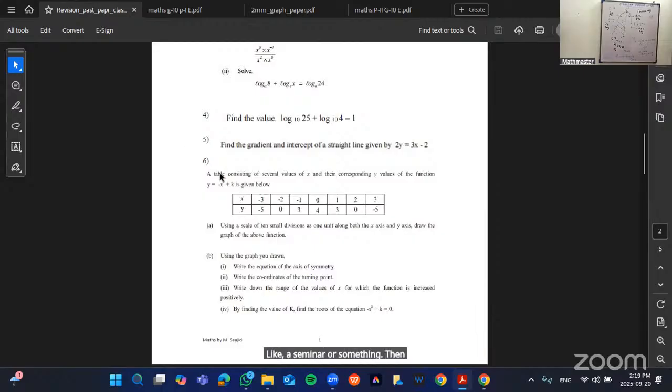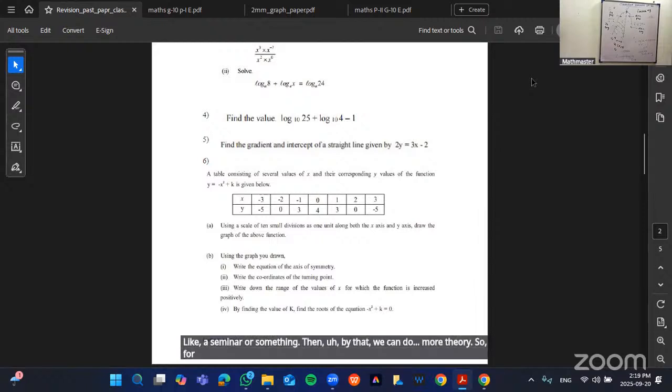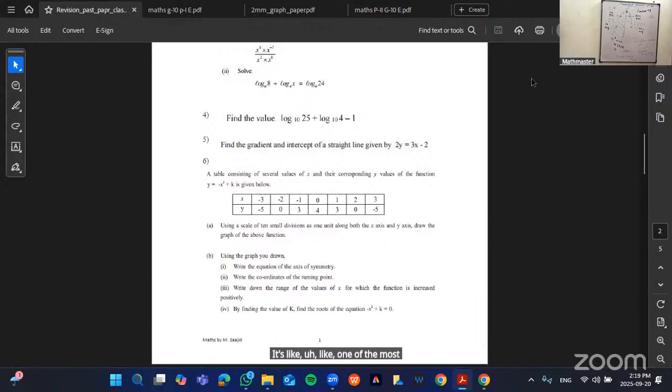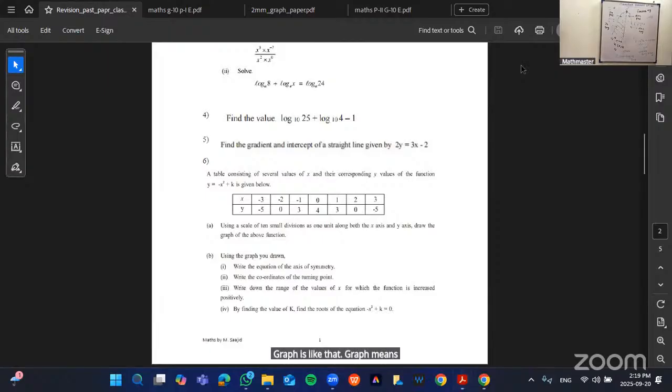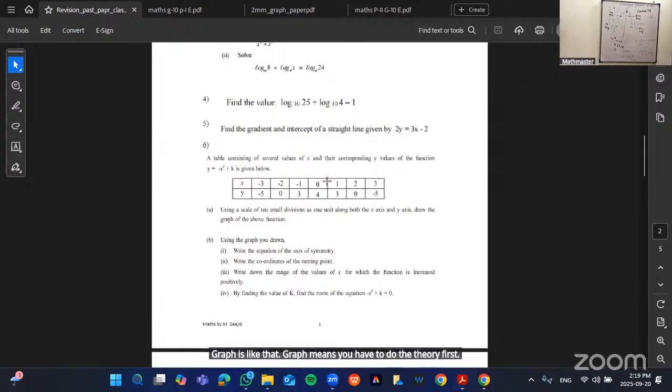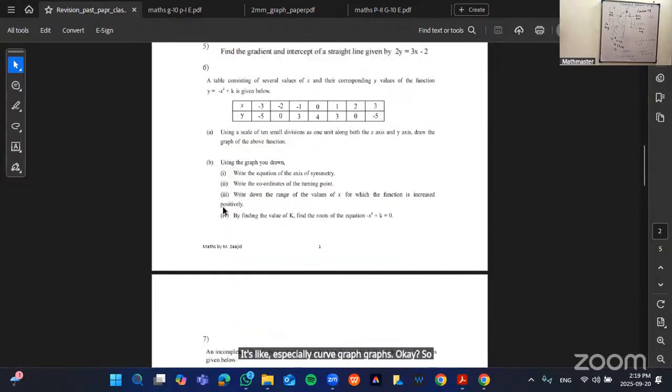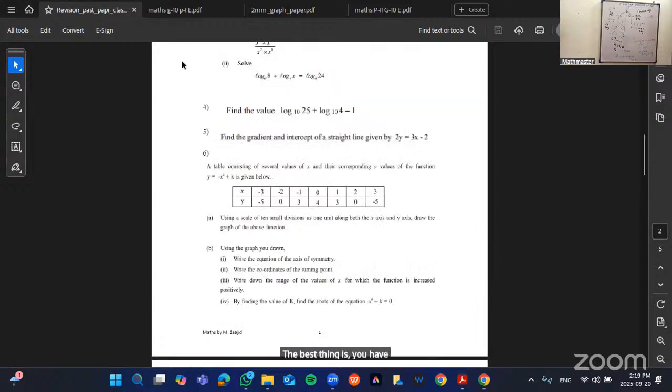Graph is one of the most important lessons. If you don't know the theory, you can't do questions. That is simply like that. Many students find it difficult to do graphs. I've seen that, especially curve graphs. So the best thing is you have to be very fluent with theory.